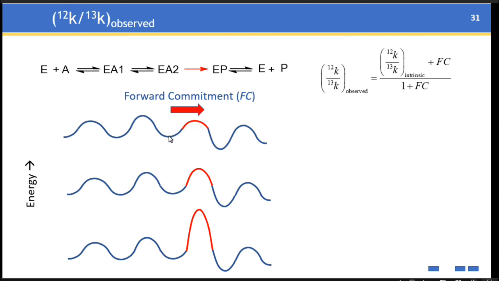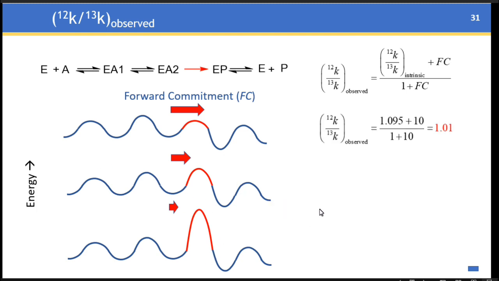Forward commitment is a function of rate constants that reflects what happens to this EA2 intermediate. If this is a low barrier, then these tend to go forward instead of backwards, and that's called a large forward commitment. If this barrier is high, then this EA2 will tend to go backwards instead of forward. It has a low forward commitment.